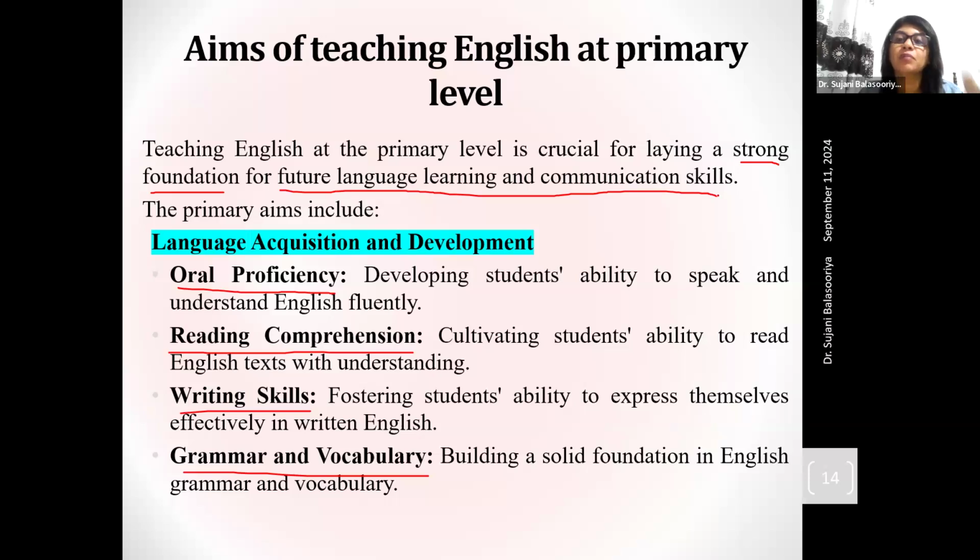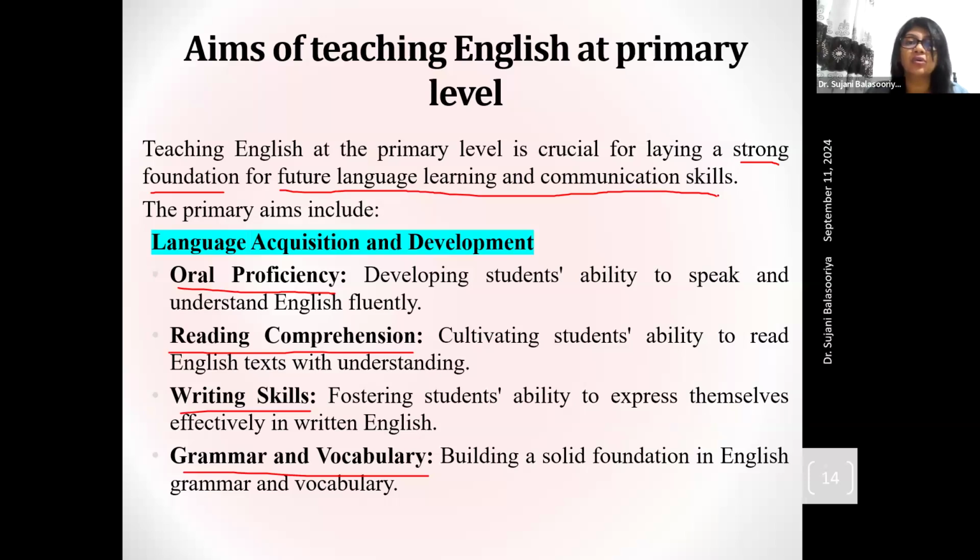So during the primary level, what is happening? We lay a very good foundation so that the kid or the learner, the student, can improve the learning skills, right? Future language learning and communication skills. That is the intent.